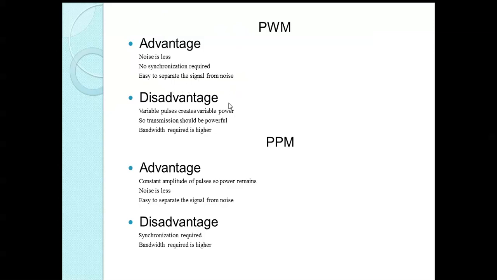This is the advantage. The disadvantage is that the pulse width varies. Width changes mean the power also varies. Variable pulses create variable power, so the transmitter should be powerful enough to transmit. The bandwidth required is high.